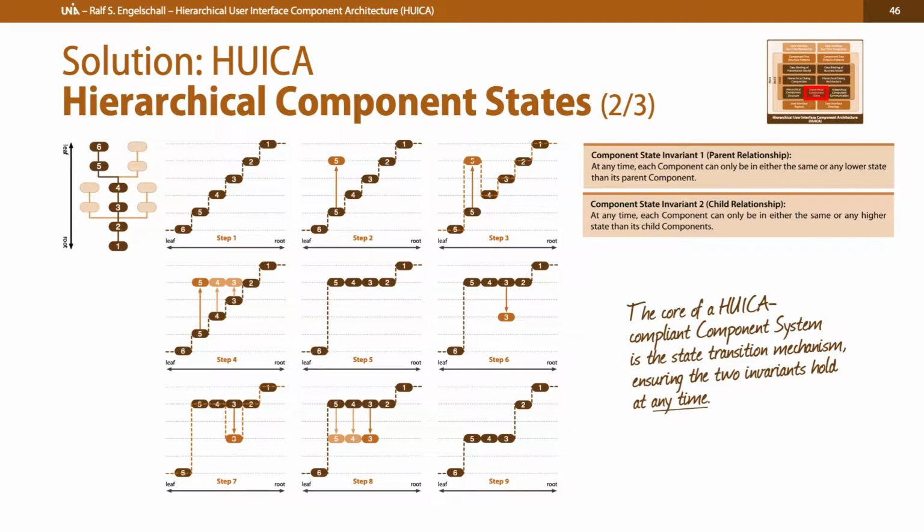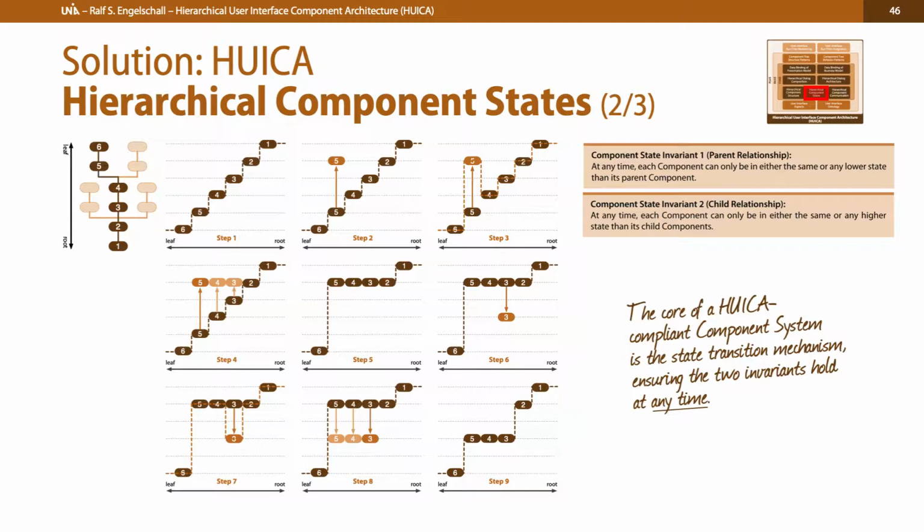If we imagine that in step 6 component 3 is forced or triggered to go into a lower state, then in step 7 we would get a situation where component 3 breaks invariant 2, which says that at any time each component can only be in either the same or any higher state than its child components.